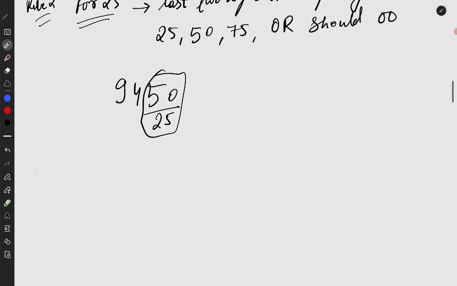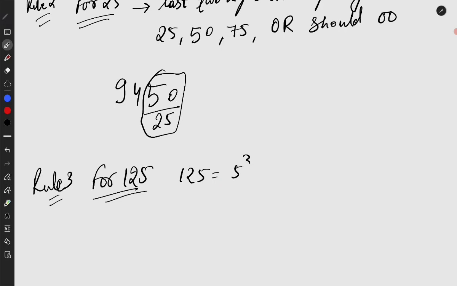Now let's see rule number 3, that is for 125. Now you see the pattern here. 125 can be written as 5 to the power 3. Here we have to go for the last 3 digits. Either the last 3 digits should be a multiple of 125 or end in 3 zeros, 0, 0, 0.